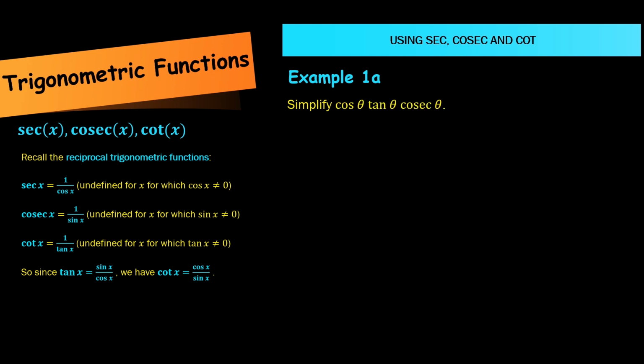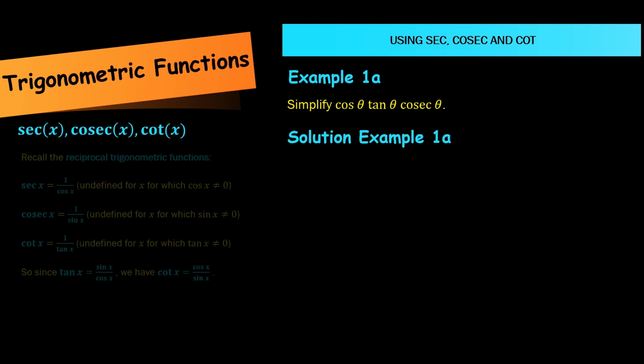So let's have a go at part A first. We are required to simplify cos theta, tan theta, cosec theta multiplied by each other. So let's solve this. Cos theta, of course, stays as it is.